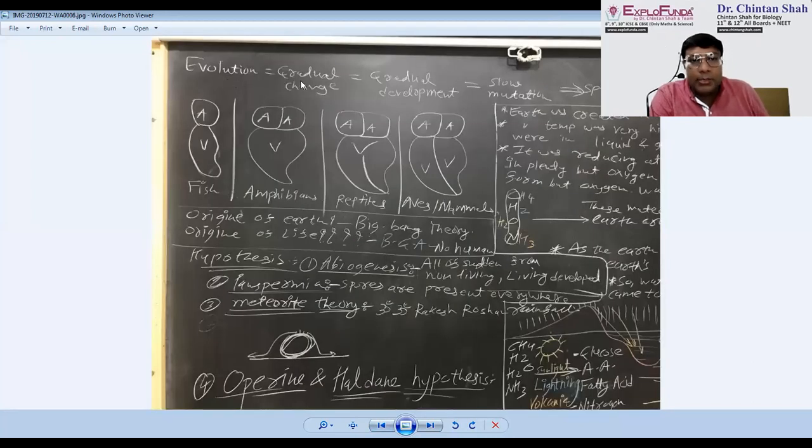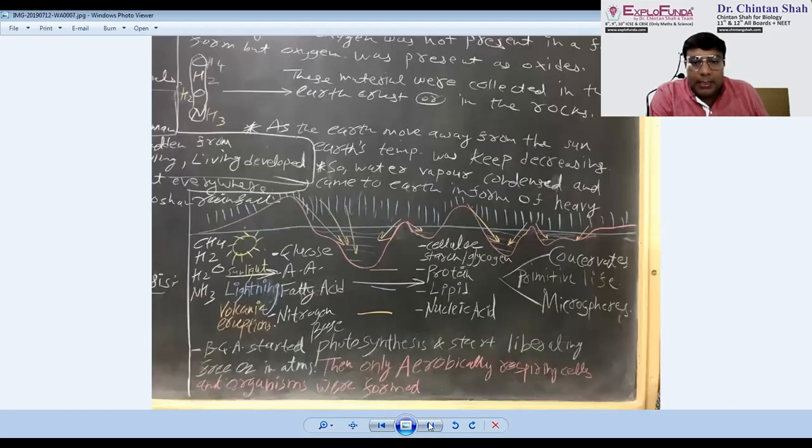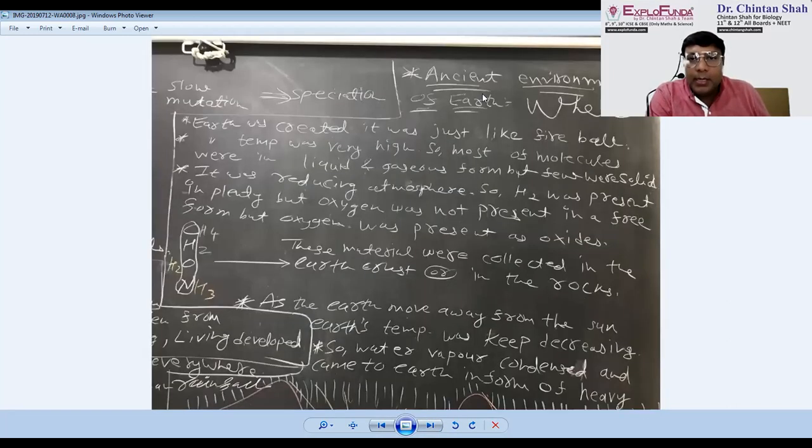Evolution is equal to gradual change, gradual development, slow mutation that gives rise to speciation. That's the same I just told you. Let me tell you about this ancient environment of the earth. Please look over here, and later on I will give you time to write it down, so don't worry about that.